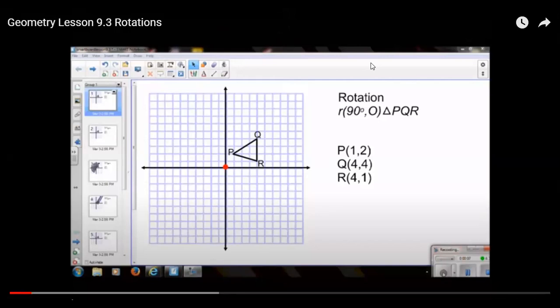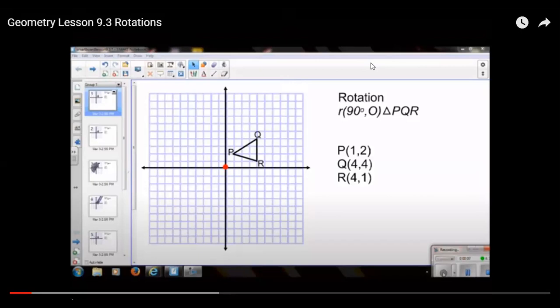So it turns a figure around a given point. This is called the center of rotation. So the image has the same size and the same shape as the pre-image.